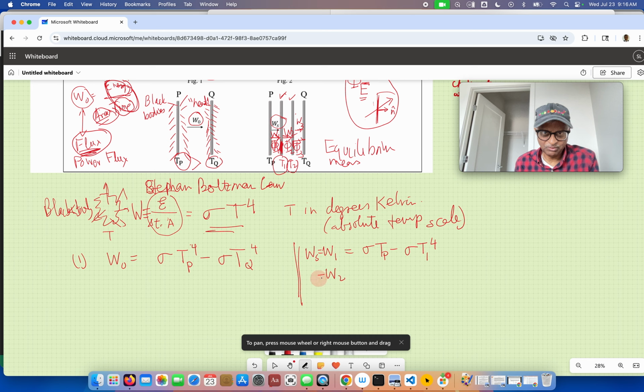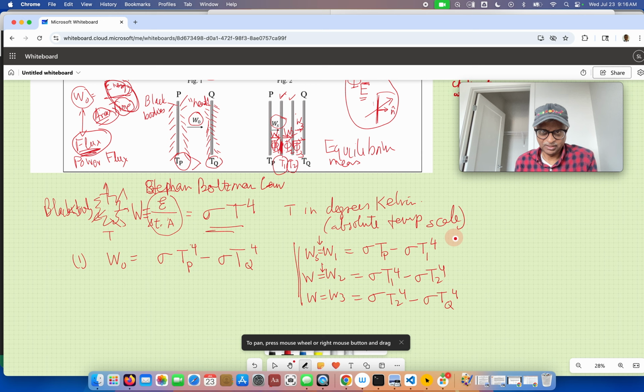W2 should equal Ws, because of equilibrium. All of these have to be equal. So this equals sigma T1 to the power 4 minus sigma T2 to the power 4, and this is equal to sigma T2 to the power 4 minus sigma Tq to the power 4.